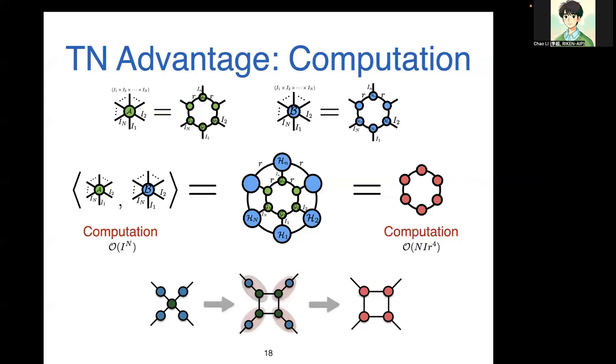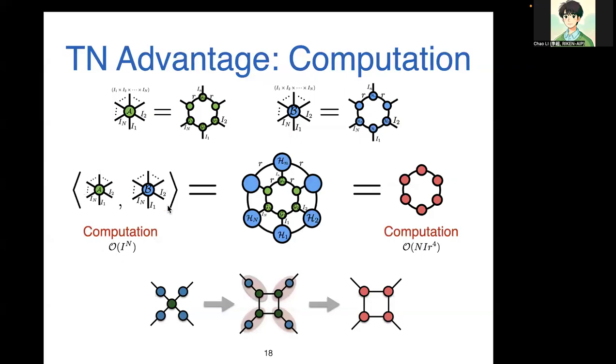Beyond storage, tensor networks are also efficient when it comes to computation. For example, here we have two high-order tensors A and B, which can be efficiently represented with a tensor ring, and then we'd like to compute their inner product.